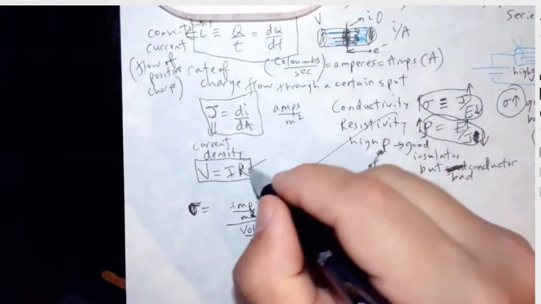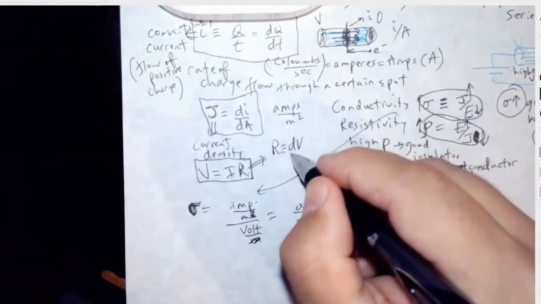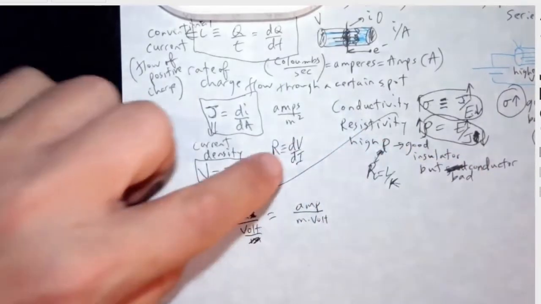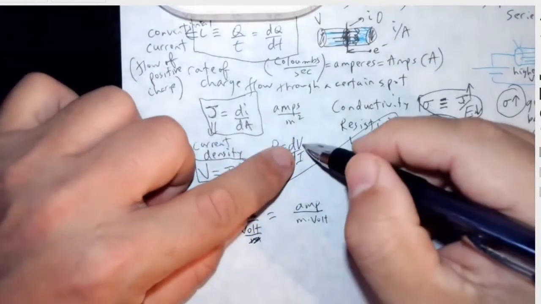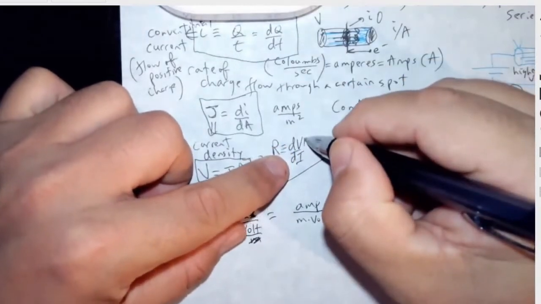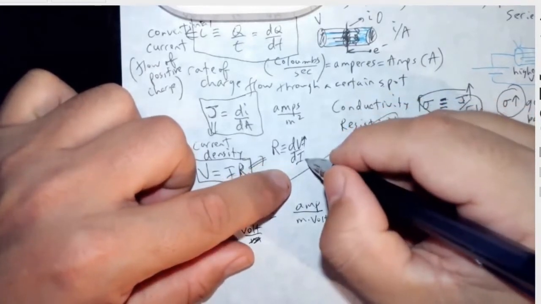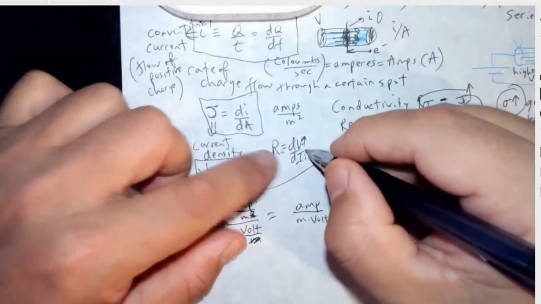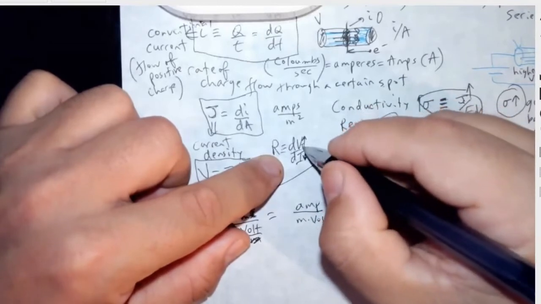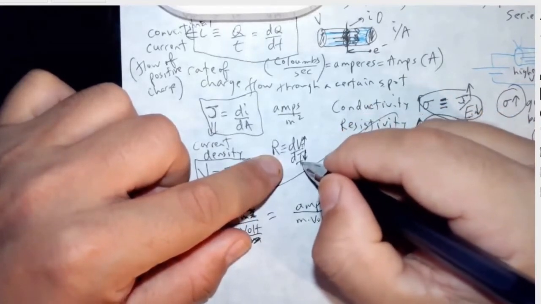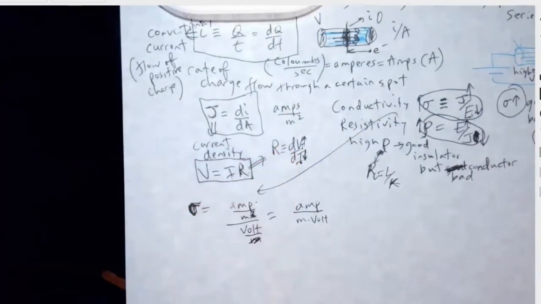You can think of R's definition as dV/dI: how much incremental voltage you need for the subsequent incremental current. If it's a high resistance, you need a high voltage to create a small increment of current. So R is the derivative of voltage.